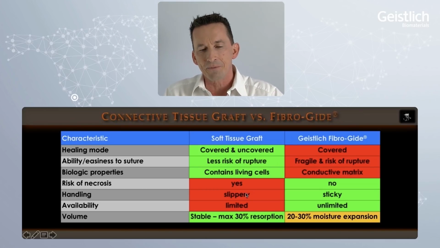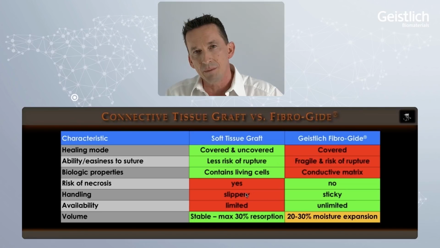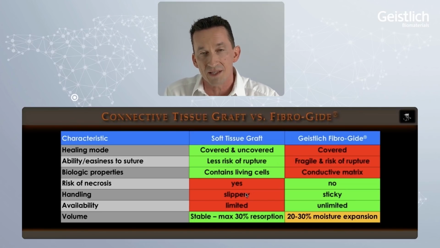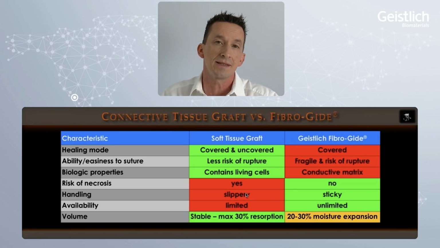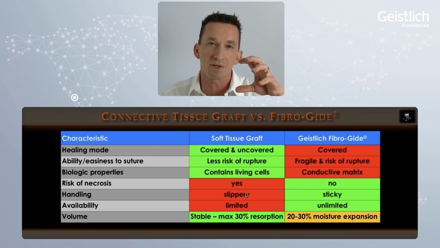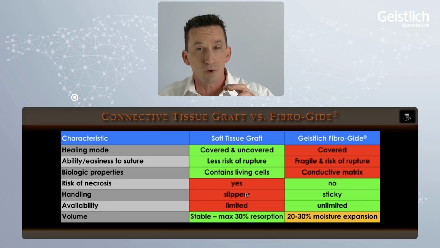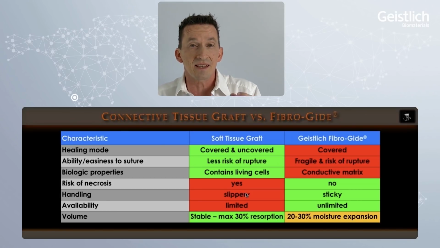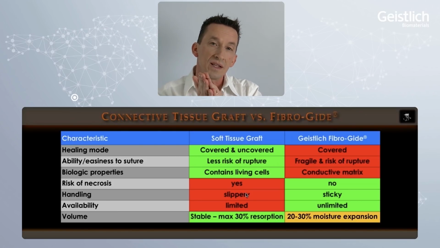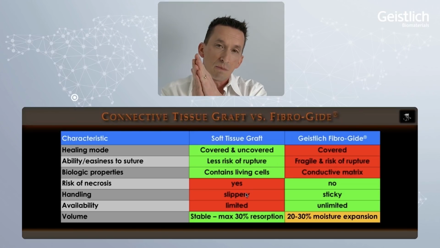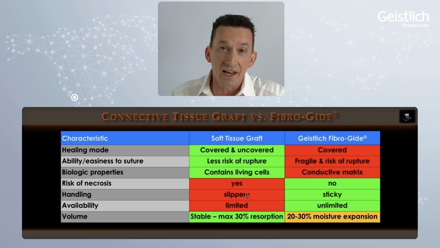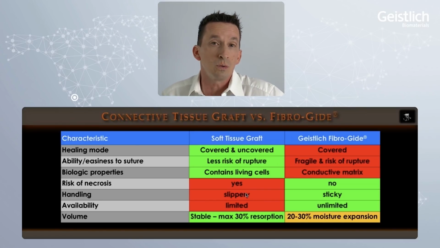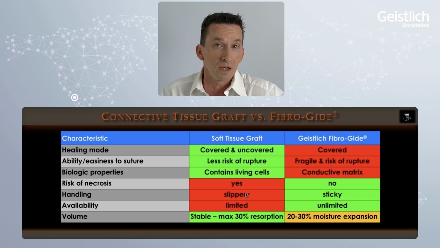The handling of a connective tissue graft means you have to be careful because it's very slippery, and you have to position it very, very precisely to keep it in the right position. The Geistlich Fibro Guide is sticky, and this stickiness means if you once put the Fibro Guide into the pocket, it stays there. The availability I don't have to talk about.